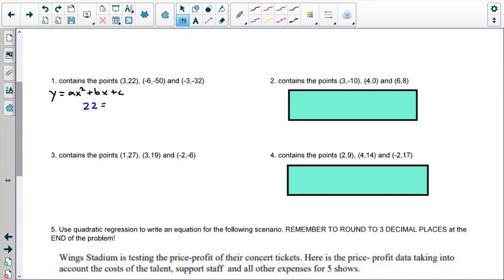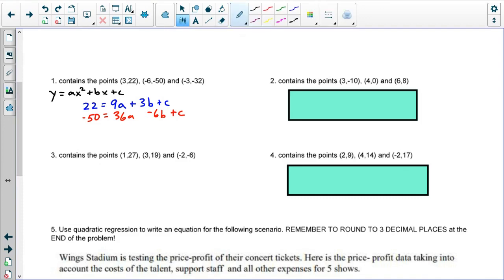So 22 equals a times 3 squared, so that's 9, plus b times 3 plus c. If I substitute in the second point, I get -50 equals -6 squared is 36 times a, minus 6b plus c.